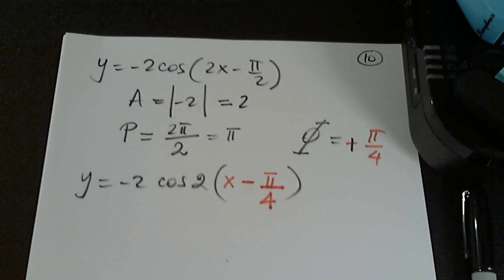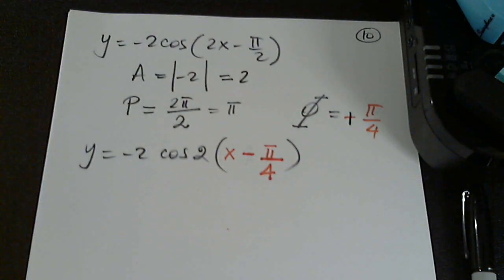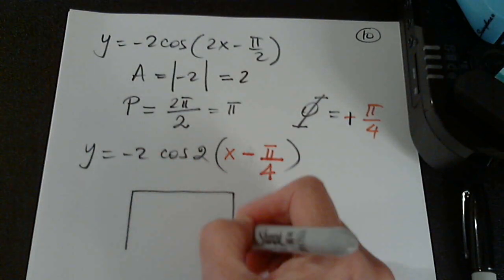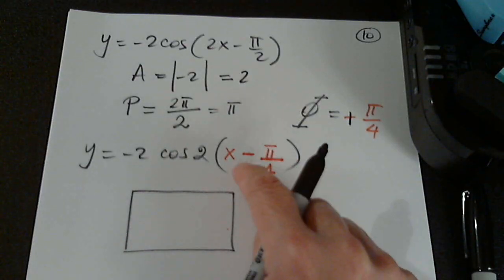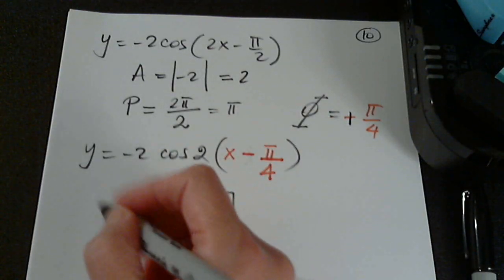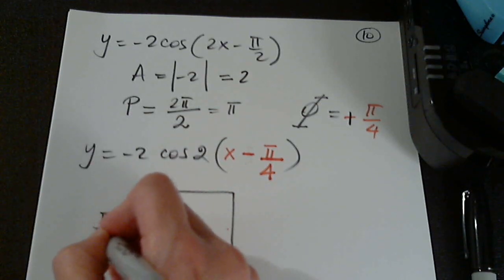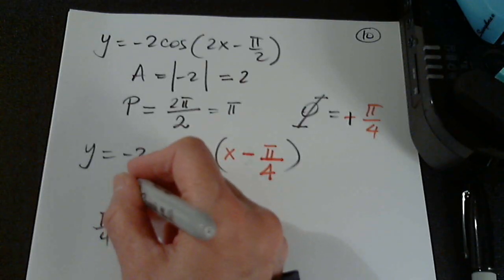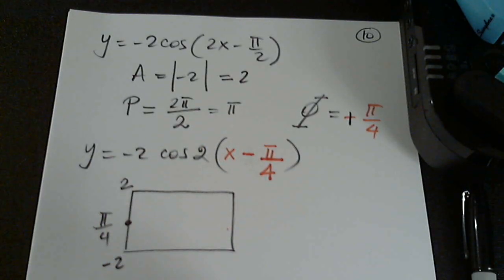Awesome. So let's graph it. Sorry, of course. We have to discuss the viewing window, so we know what to put in. It's negative pi over 4, so I can start here at pi over 4. It cannot go more than 2, and it cannot go lower than negative 2, absolutely clear.